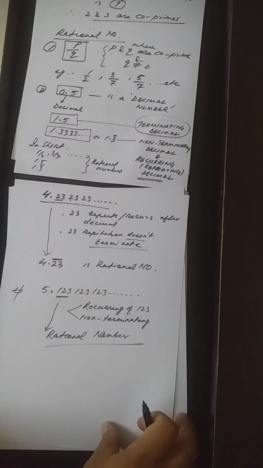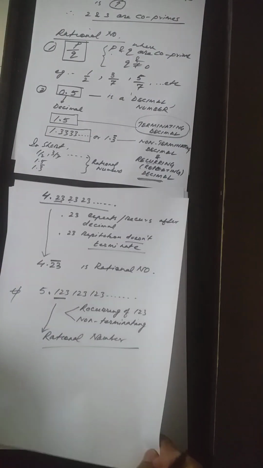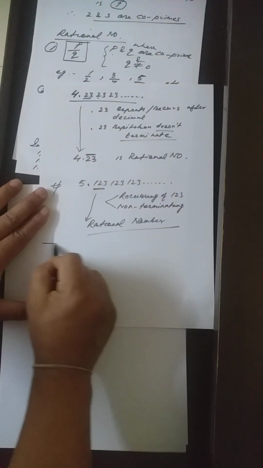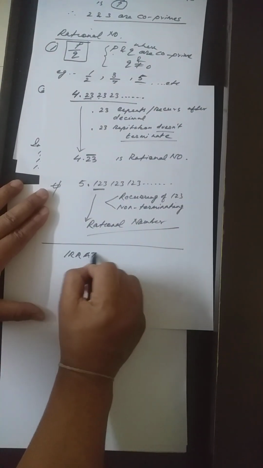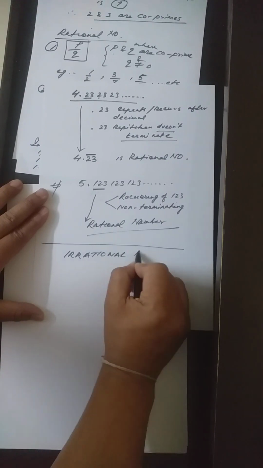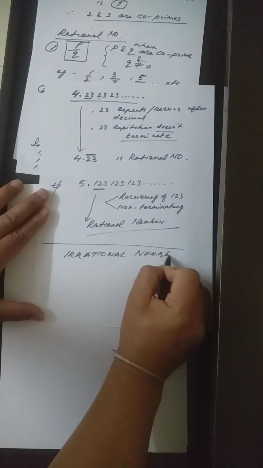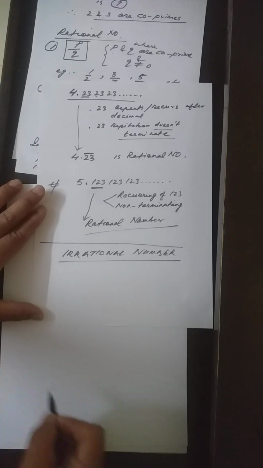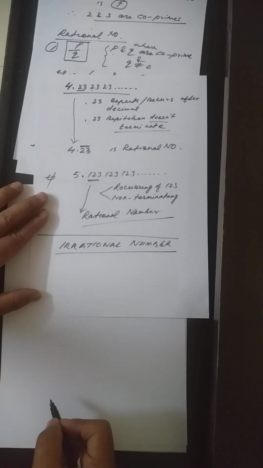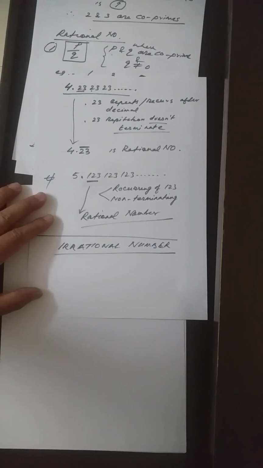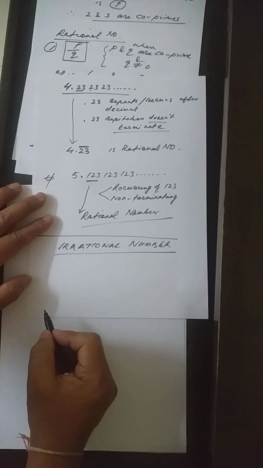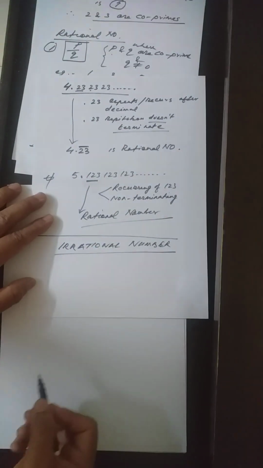Now, after rational numbers, what we are left with is irrational numbers. What exactly is an irrational number? We can get an idea of irrational numbers from rational numbers themselves. And here we will be making use of decimal features.